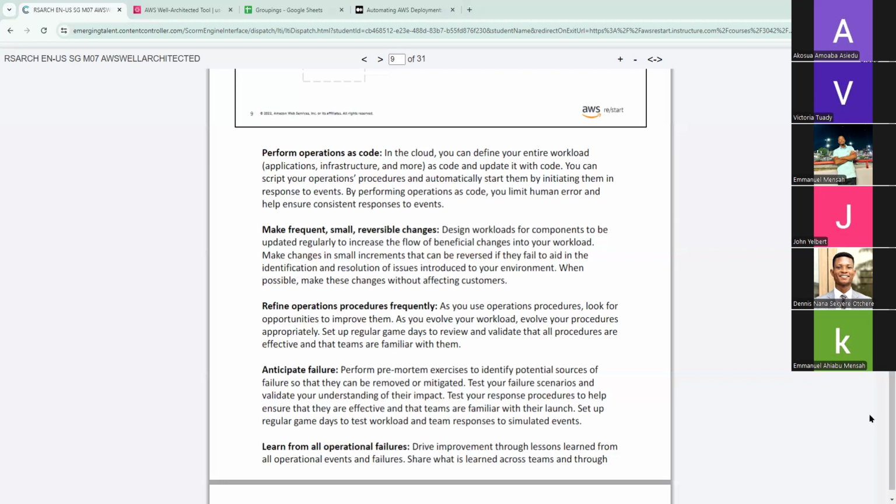Okay. So, refine operations procedures frequently. Basically, we just have to continuously update and optimize the operational procedures that involve the cloud architecture. This involves making certain changes to the steps in the procedures to ensure they are up to date with the current technology and best practices.